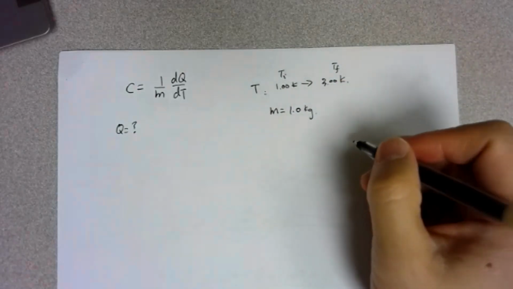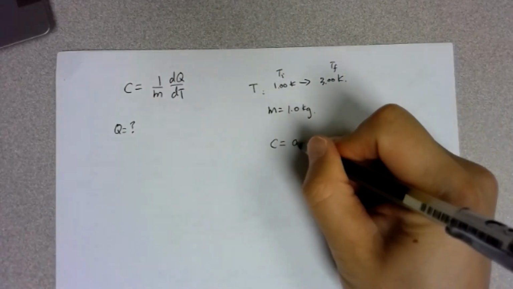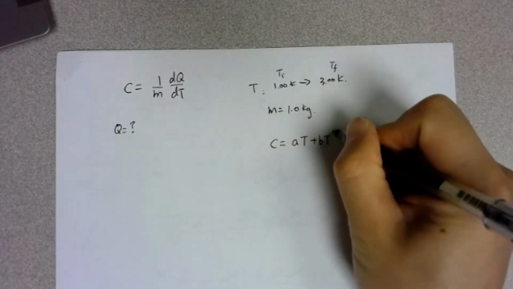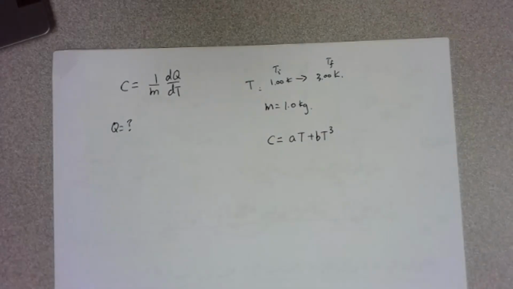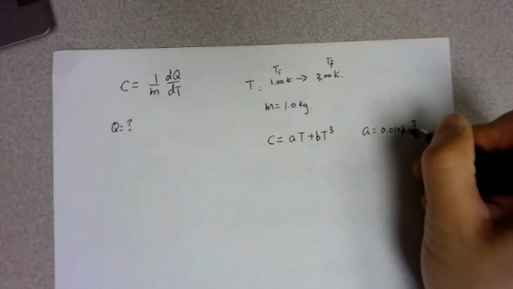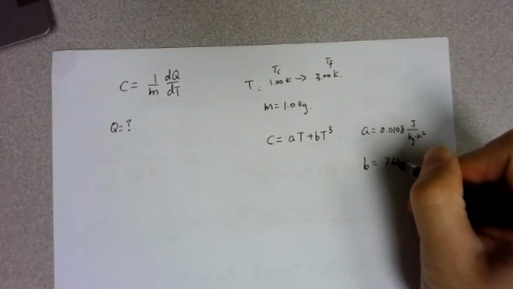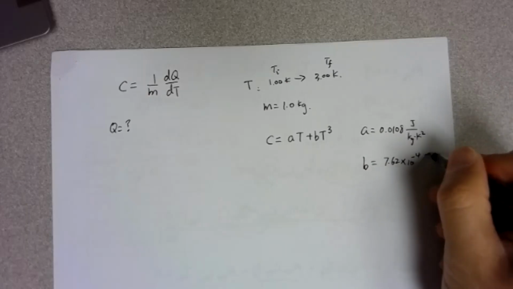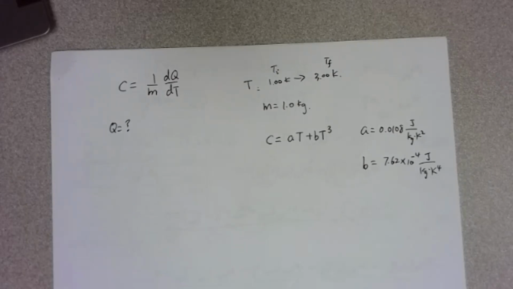And C is given as A T plus B T cubed, where A and B are given. So I can take down the numbers: A being 0.0108 joules over kilogram Kelvin squared, B being 7.62 times 10 to the minus 4 joules over kilogram Kelvin to the fourth power.